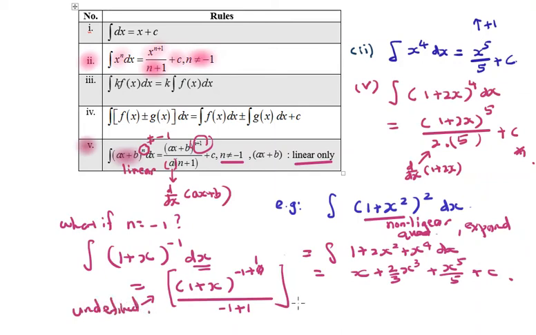We divide by negative 1 plus 1, which is 0, so this whole fraction is undefined. Numbers divided by 0 are undefined, therefore this rule cannot apply when n is negative 1.